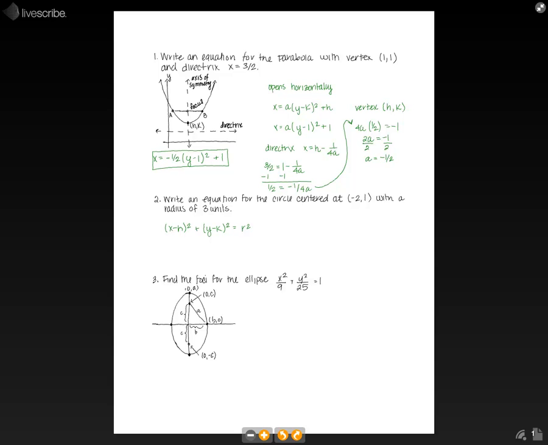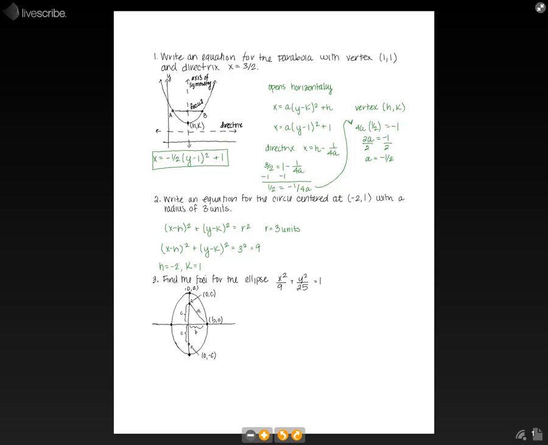In our case r is equal to 3 units, so if we plug that into our form, we have (x minus h) squared plus (y minus k) squared equals 3 squared, and 3 squared is 9. Now the center is (h, k), and in our case h is equal to negative 2 and k is equal to 1.